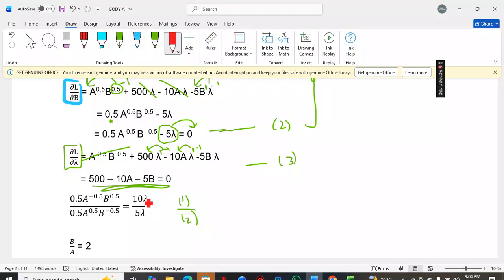Similarly, where we're deriving with respect to b, this negative 5 lambda also, just take it over the equal sign. So basically take the lambdas by themselves, leave the a's and b's to themselves.